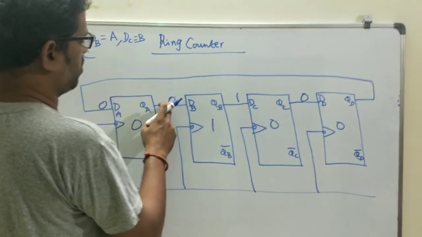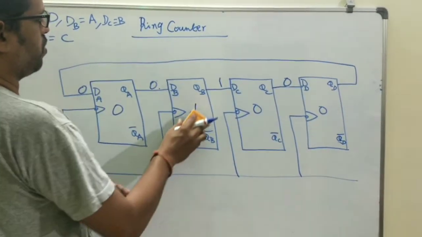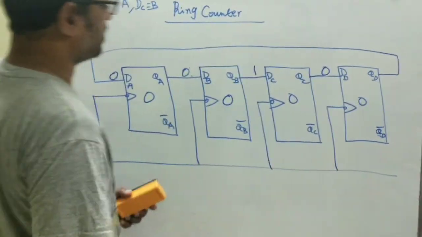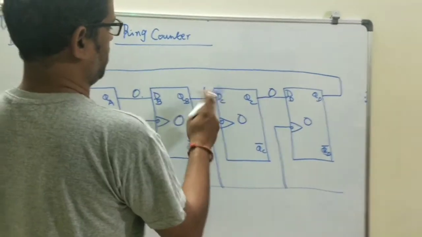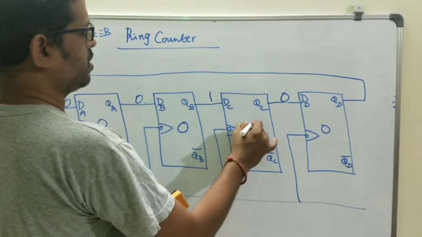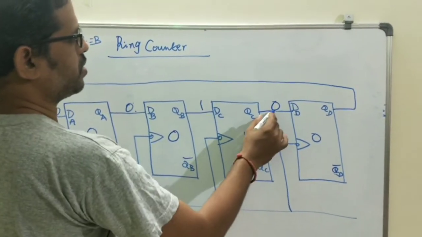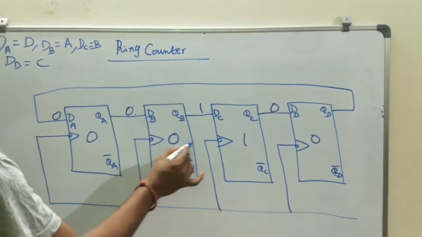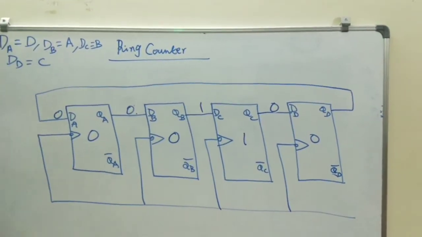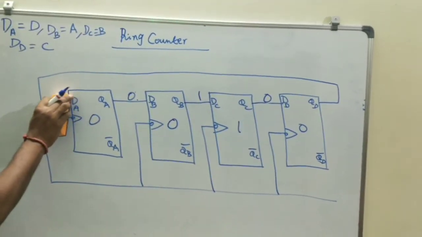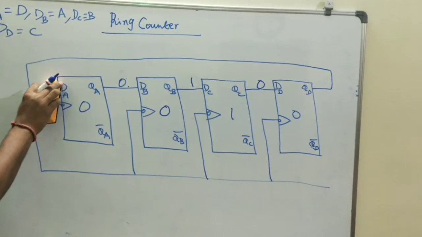DB input is 0, so DB will have the value 0. DC has the input 1, so DC will store 1. DD is 0, so 0 will be stored. Now the state is 0 0 1 0. Clear? So it has moved on to the third state.